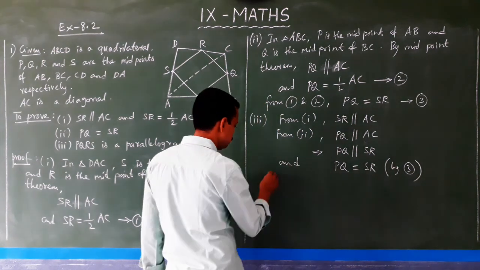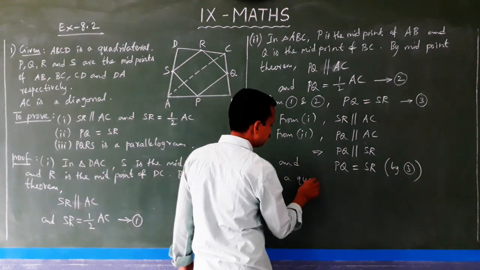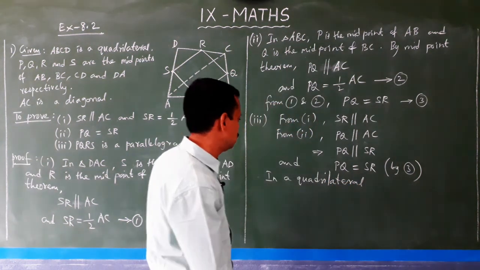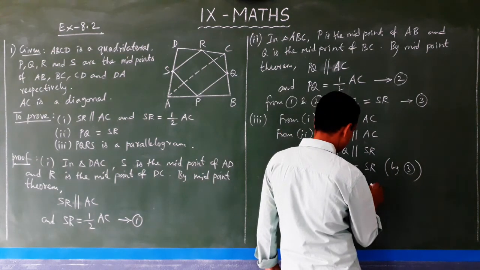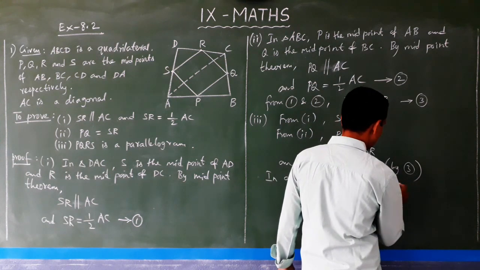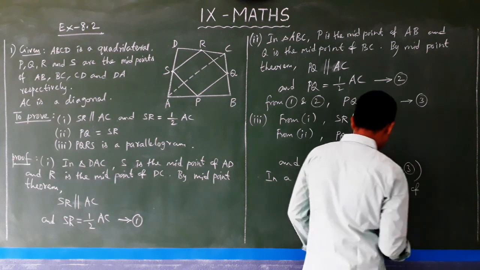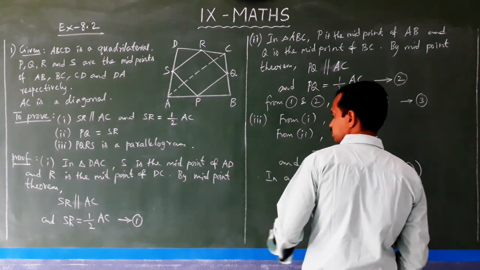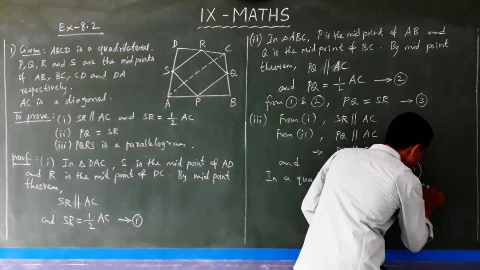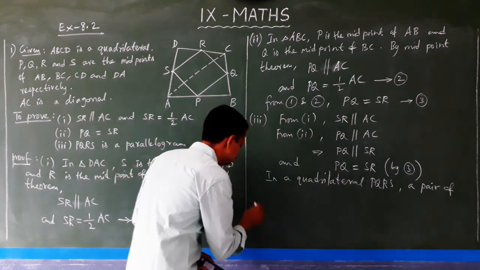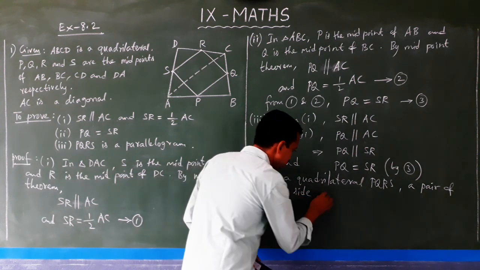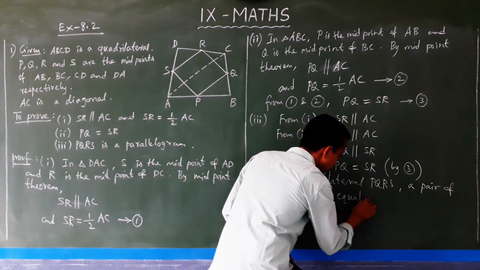That means what? Any four-sided figure is a quadrilateral. So in the quadrilateral PQRS, a pair of opposite sides is equal and also parallel.